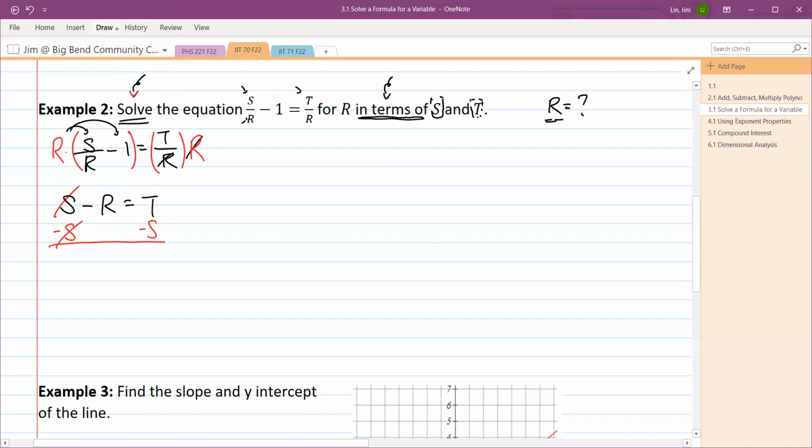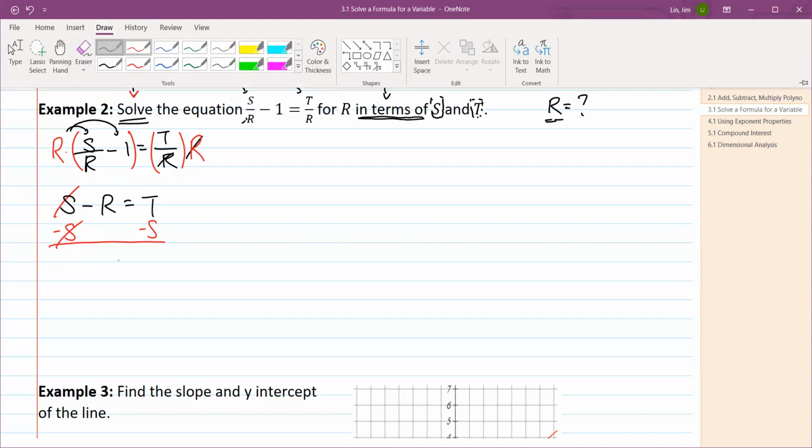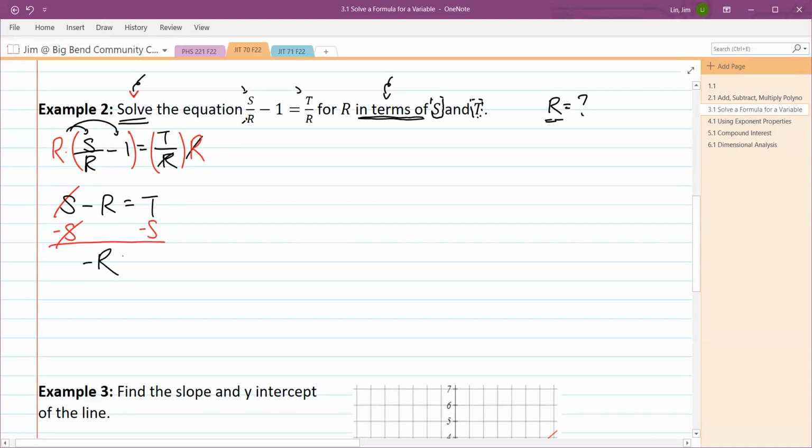Remember, when you manipulate the equation, you do the same thing on the left-hand side and the right-hand side. Then we'll have negative r equals t minus s. And one thing we know in math is that we can flip the sign on every single term to get the right answer.